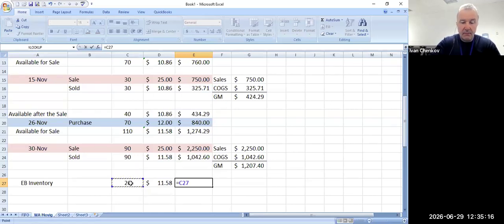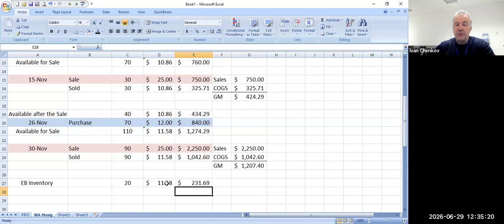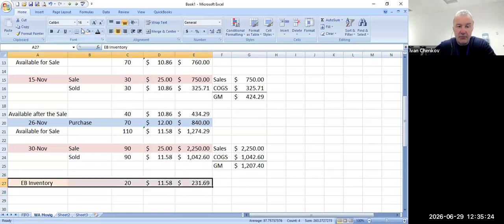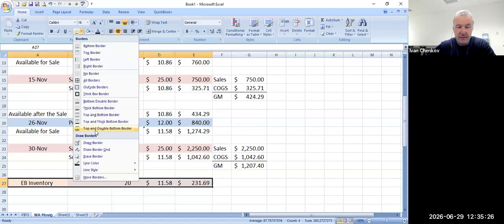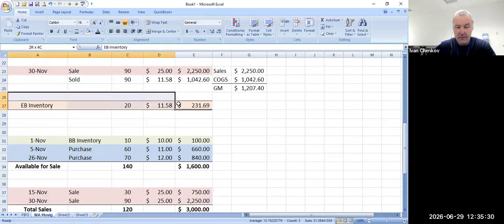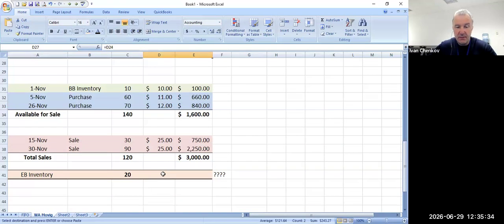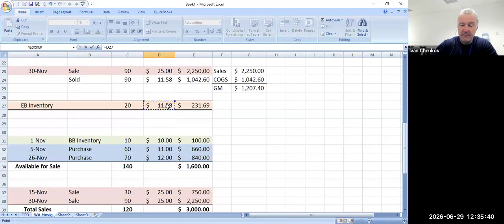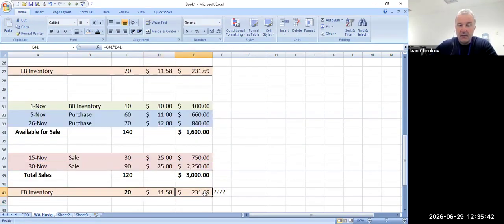It's going to be 20 times 11.58, 231.60. So now, if we compare with the previous one, we have an ending inventory of 20, and this is the missing information that we need here. So our ending inventory cost is 231.60.